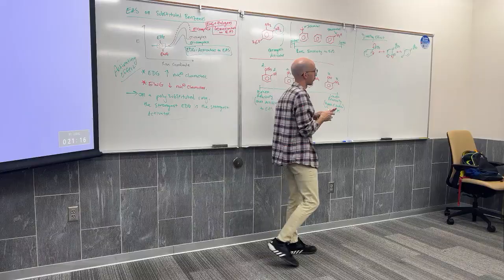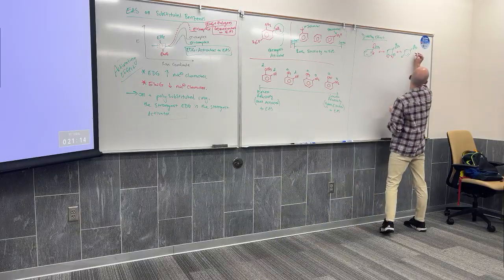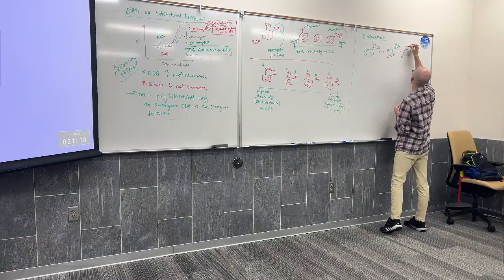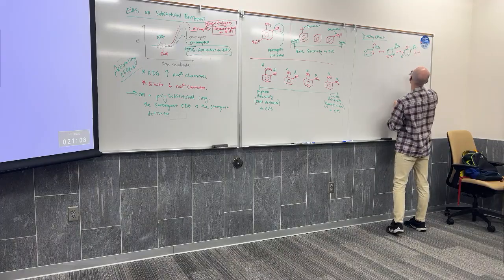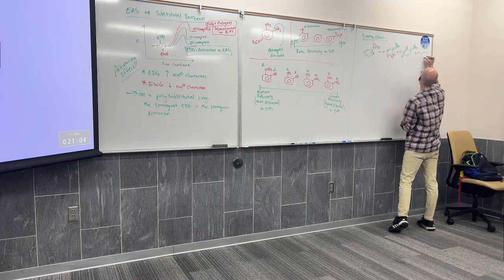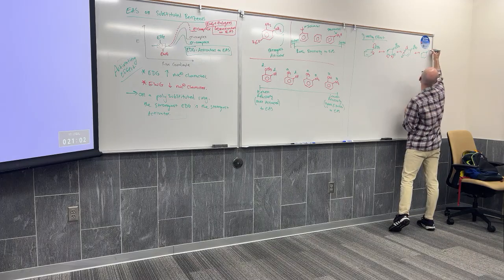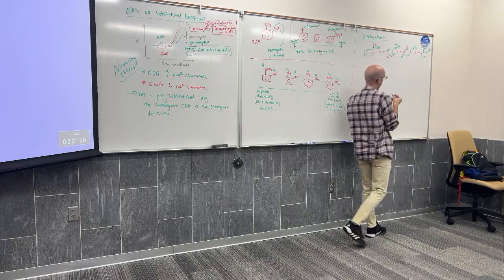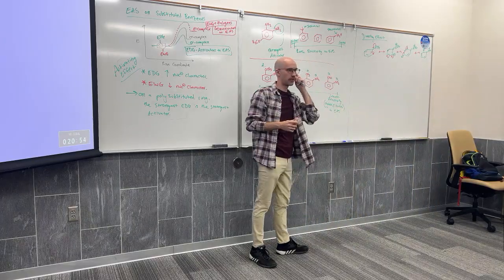And then there's one other resonance form. You don't have to draw this one if you don't want to, because it's actually very similar to what we have in the first resonance form. It puts a negative charge at this position ortho to the electron donating group.